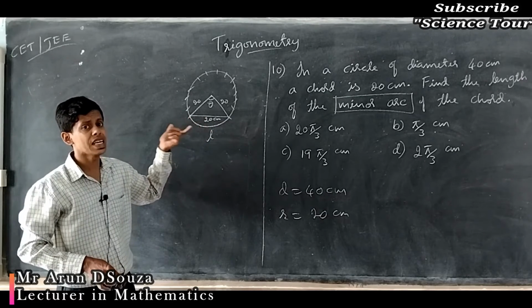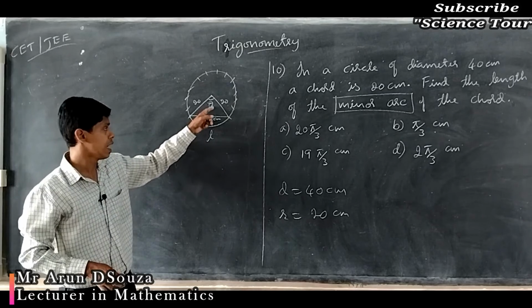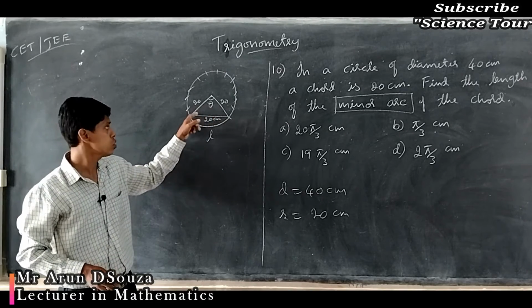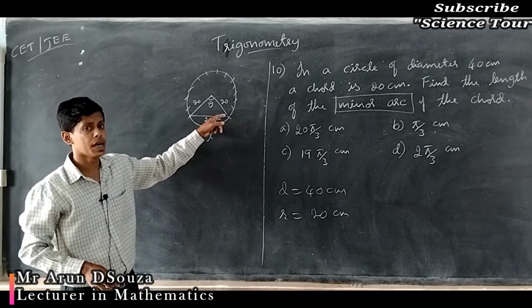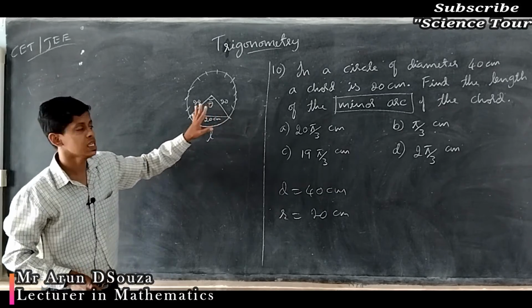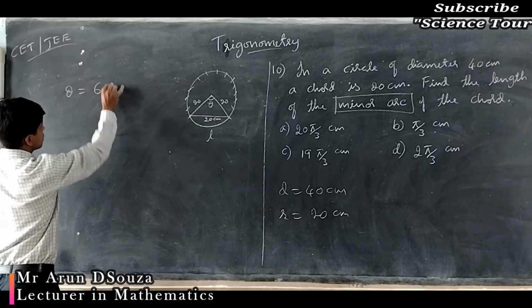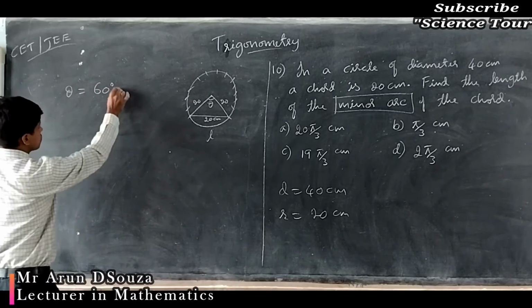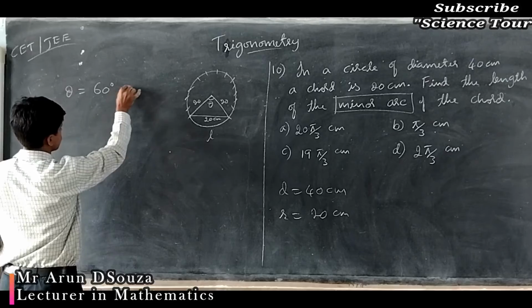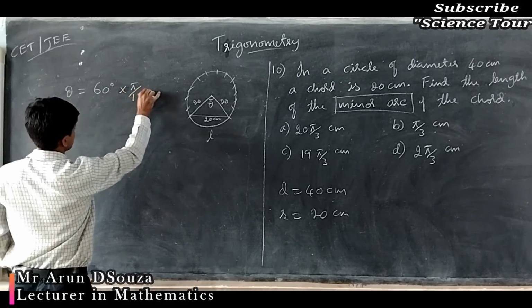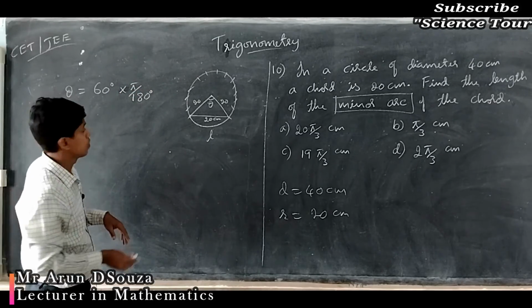So in an equilateral triangle, the angles are also equal. So 180 divided by 3, that is 60 degree. So since it is an equilateral triangle, the angle is 60 degree, which means you have to multiply by pi and divide by 180 degree.